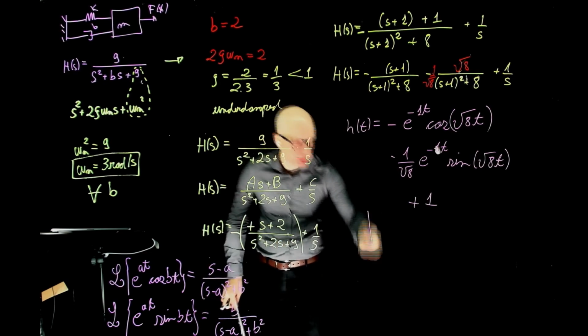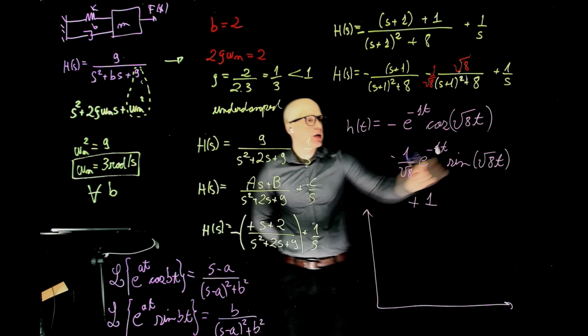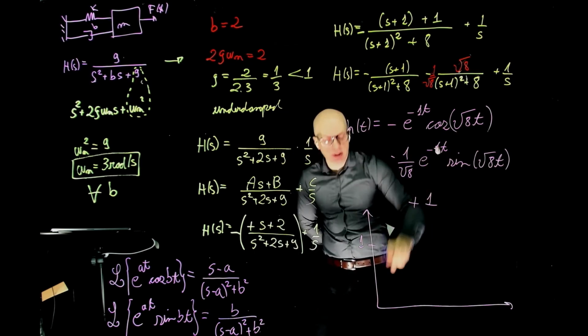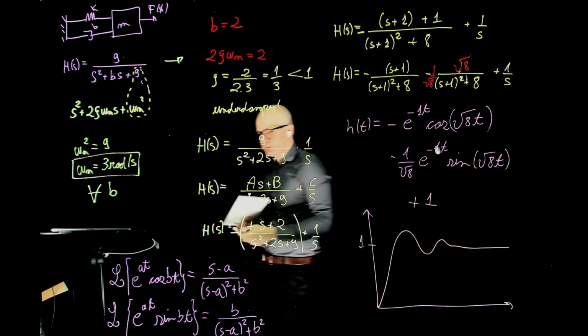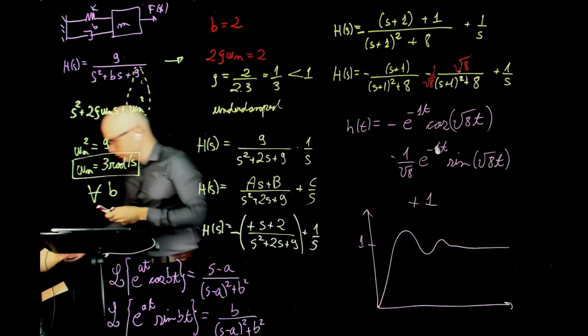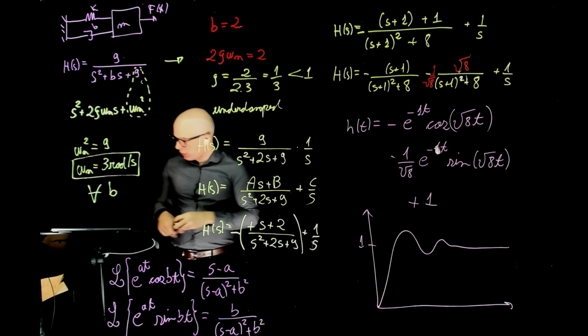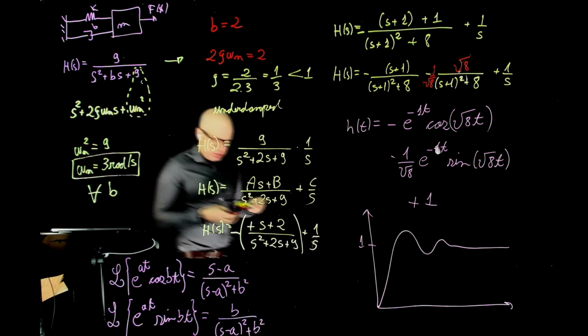And when we plot it, well, the plot's a bit complicated, but we know that it will settle at 1. We see that both exponentials are negative, and you should see something like that. Okay, so this is an underdamped system.